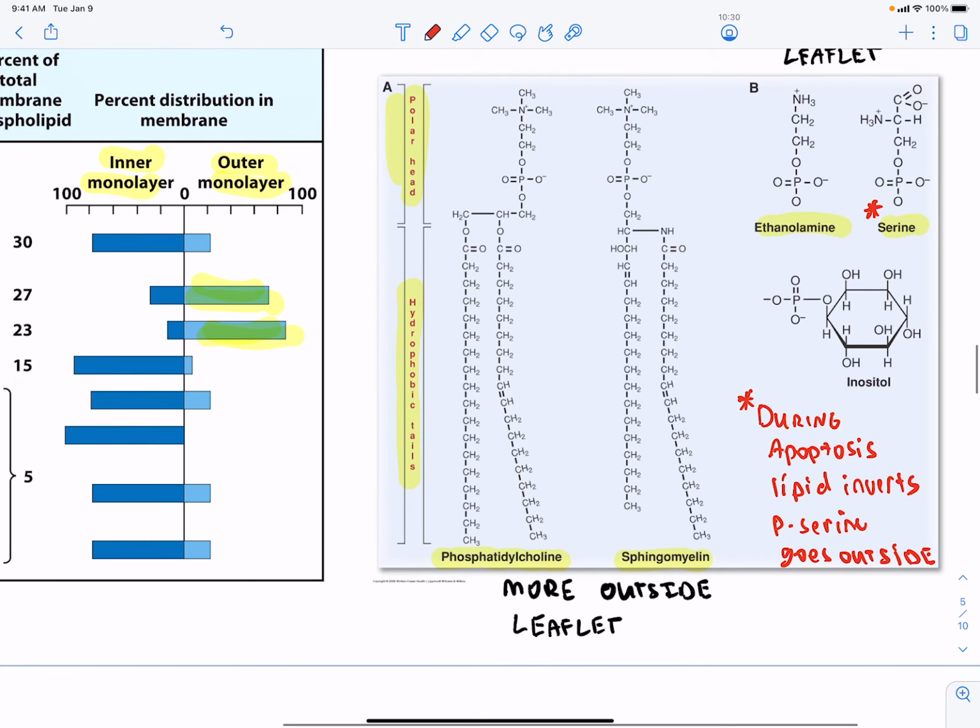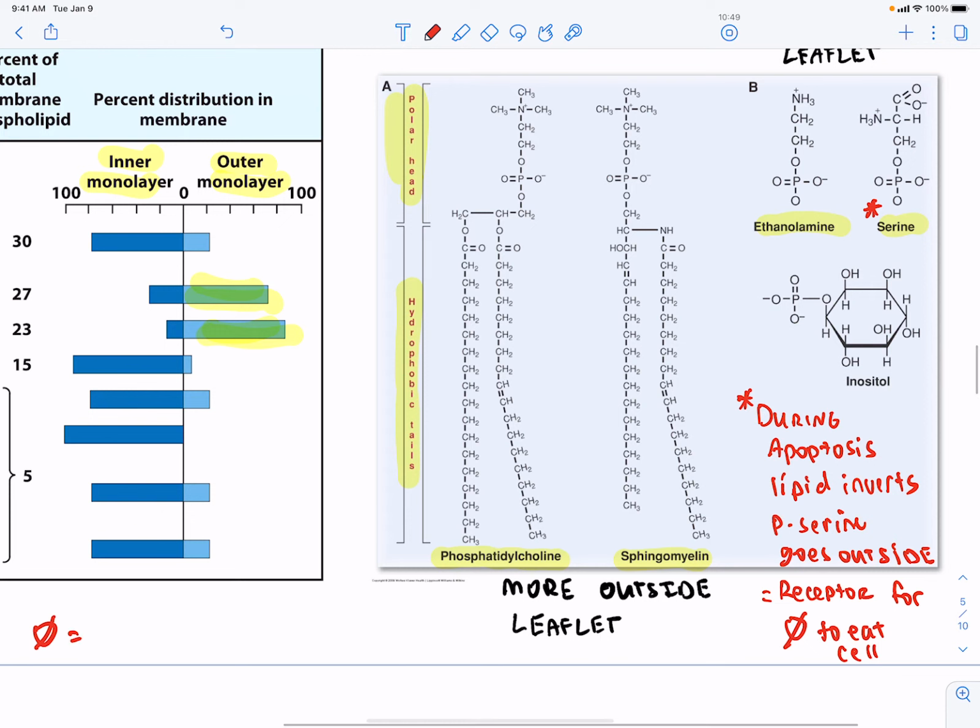Phosphatidylserine is a receptor for a macrophage to eat the cell. This is my macrophage symbol. To eat the cell, because the cell's dying, it's undergoing apoptosis. I'll put over here, this equals a macrophage. So phosphatidylserine is very important for that portion.